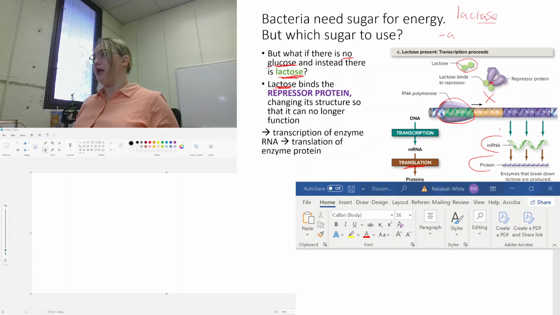Remember, the ending ASE equals enzyme. So lactose is the sugar, lactase is the enzyme, and lactase is what breaks down lactose. Two very similar words, but they have different jobs. Okay?